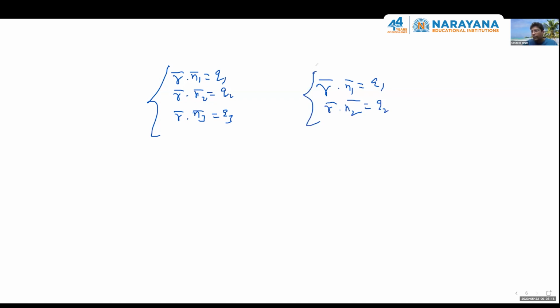And that plane is parallel to the LOI of R dot N3 equal to Q3 and R dot N4 equal to Q4. So that means what? What about these two planes? So LOI of this plane is contained by this. So if LOI is contained in that plane, what is the direction of that? Normal of this. So normal of this is going to be N3 cross N4. Is that clear? Yes, sir.